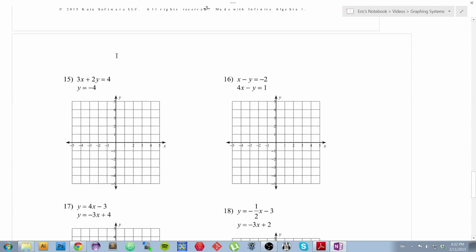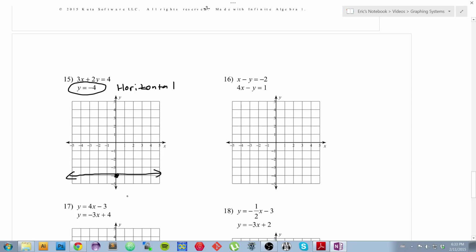Okay, a question like this right here, because the second equation is sort of strange. There's no x anywhere. Back in our old notes, I believe it was section 5.6, we talked that this was going to represent a horizontal line at the y-intercept of negative 4. So you would go ahead and draw that horizontal line this way.